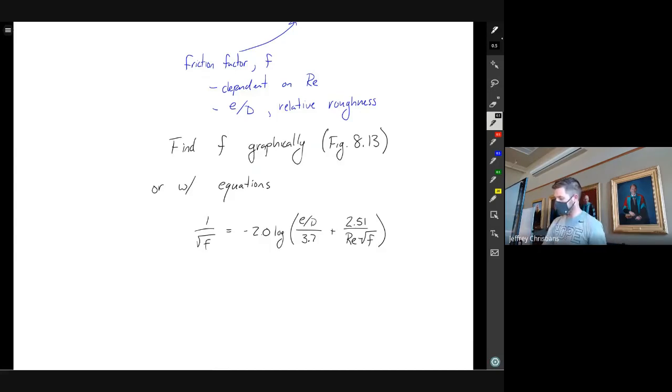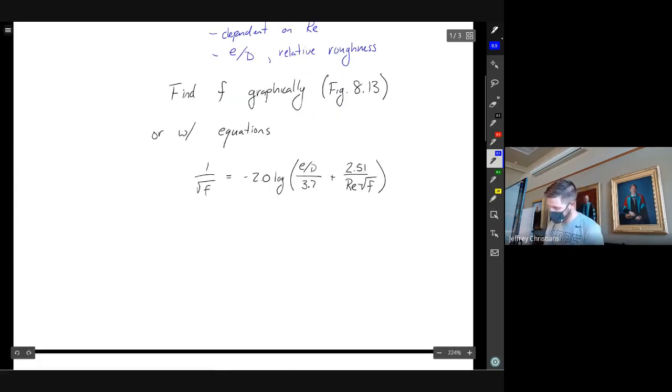But while this equation is useful, it's also an implicit equation, which means it's got F on both sides. So you can't just solve it easily. You have to guess a value of F, use that on the right-hand side, see what it gives you on the left-hand side, and see if those match. So you're going to have to solve this iteratively to get it to work.